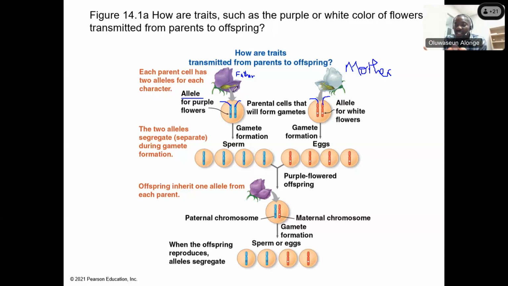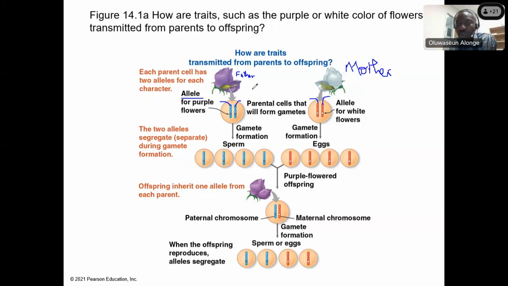In that case, it will be a function of which gene is dominant, and that will be expressed. The gene that controls what you see on my outside is the dominant gene. I'll be looking at all of that in a bit, but I've told you alleles means a pair of genes. And why is it a pair? It's because one comes from father and the other from mother.